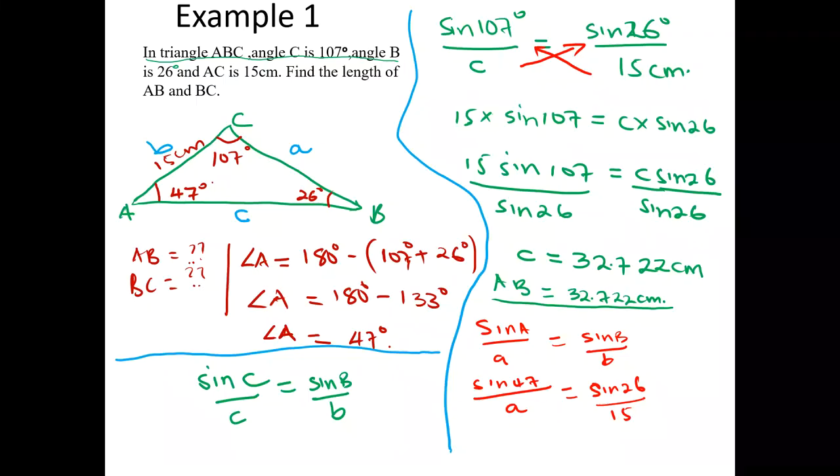So here we can cross multiply. Yes, better we cross multiply. And here we shall have 15 sine 47 is equal to a sine 26. Then you can divide on both sides.